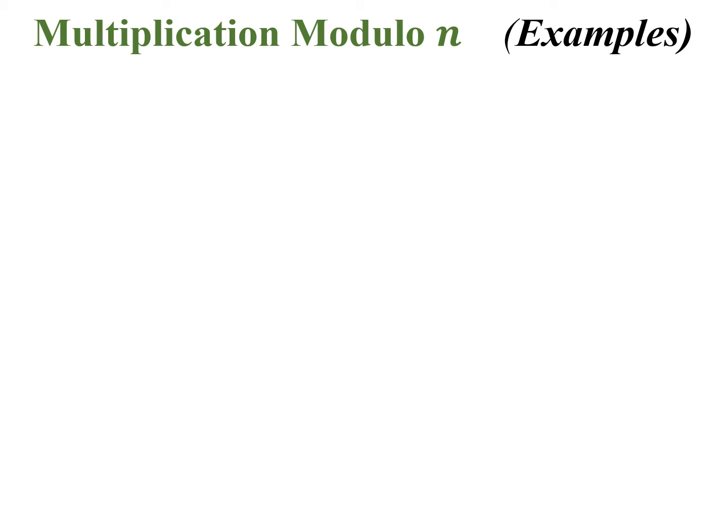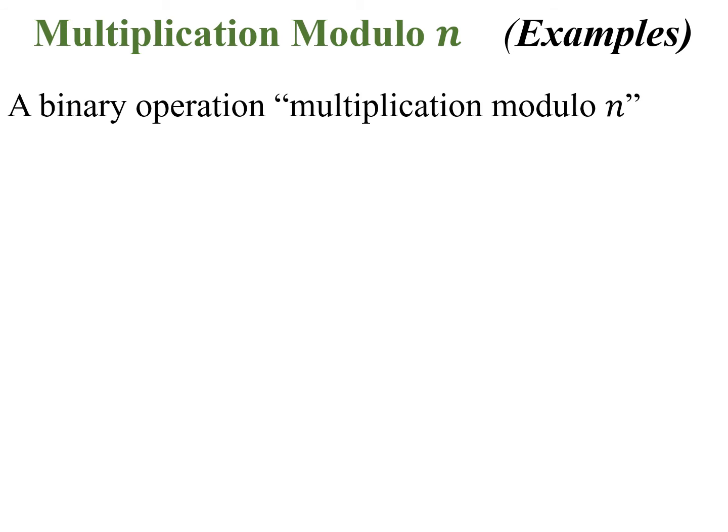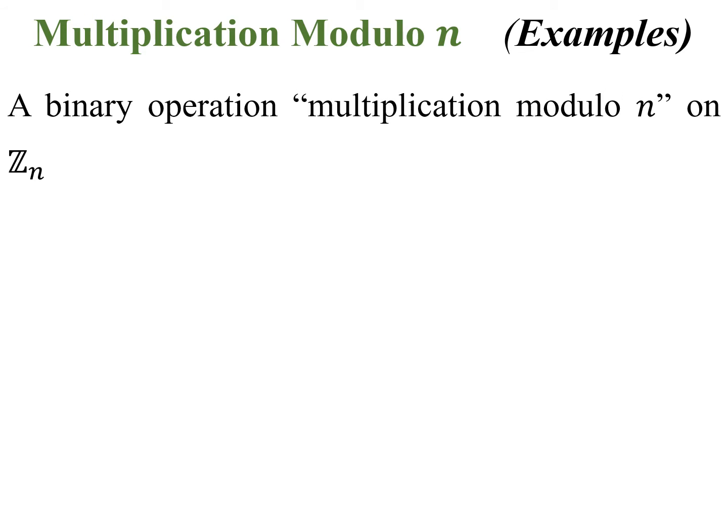It is similar to addition modulo n. A binary operation multiplication modulo n on Zn is denoted by cross n. This is a sign of multiplication. This n represents that it is defined on Zn, means cross 5 is a multiplication modulo 5.